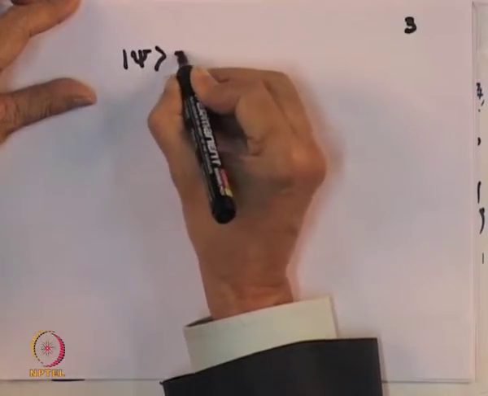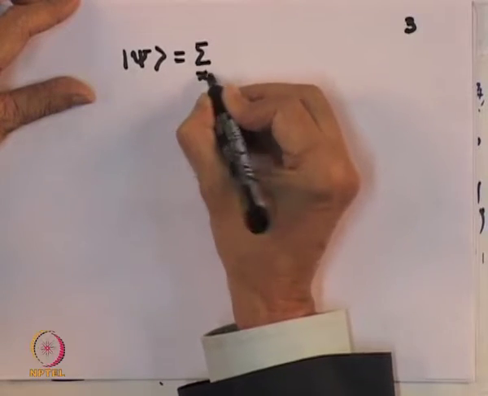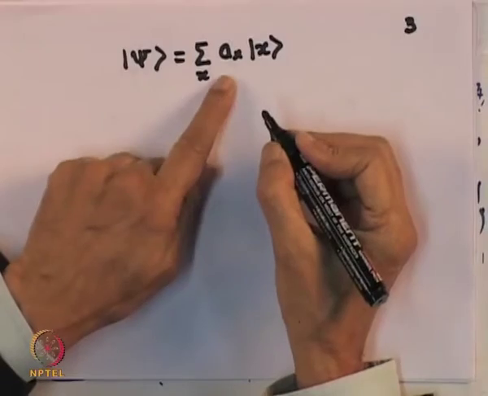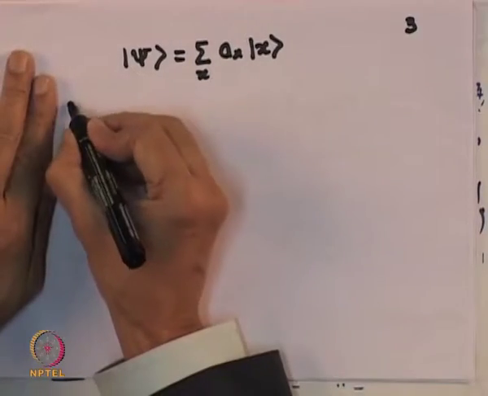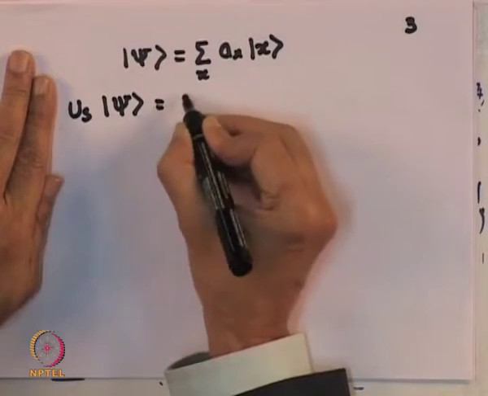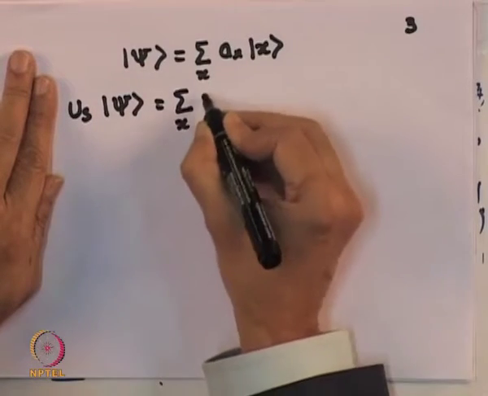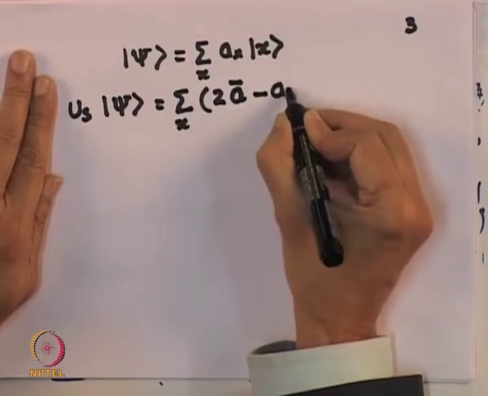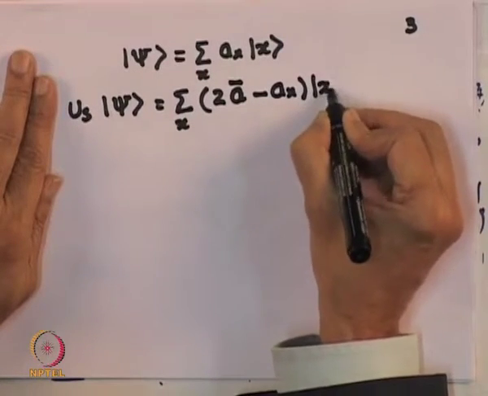Recall, my psi was the sum over x of Ax x. So this was before Us is applied, and we have just now said that Us of psi has become the sum over x of 2 times the mean amplitude minus Ax, acting on x.